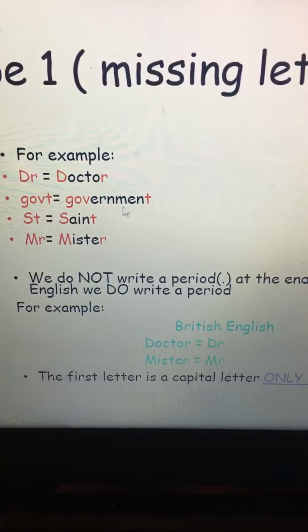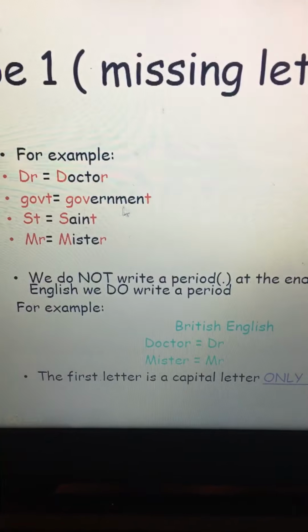Also here, we dropped the letters in the middle, and here, and here. Putting periods after abbreviations or not is a little known difference between British English and American English.